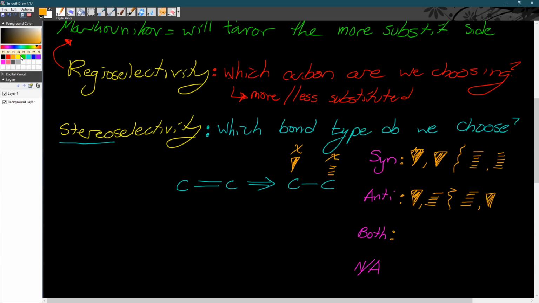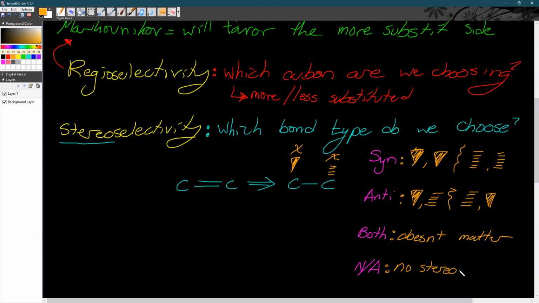Moving on, we have both, and basically what both is just saying is that it doesn't matter. Okay. The relationship between the first thing that gets added and the second thing that gets added does not matter. So it could be wedge wedge, it could be dash dash, it could be wedge dash, dash wedge. We don't care. It could be any of these four combinations. Okay. And this last one, not applicable, basically is stating that there's no stereochemistry.